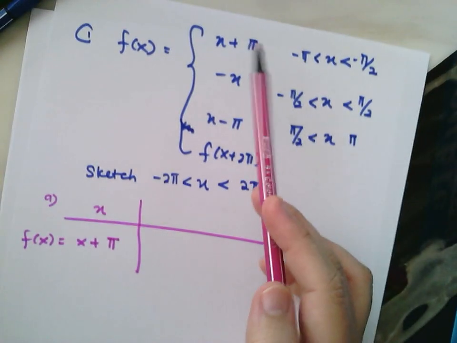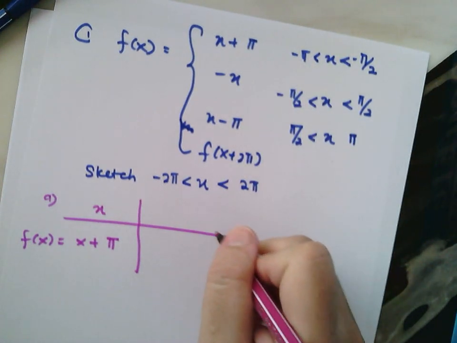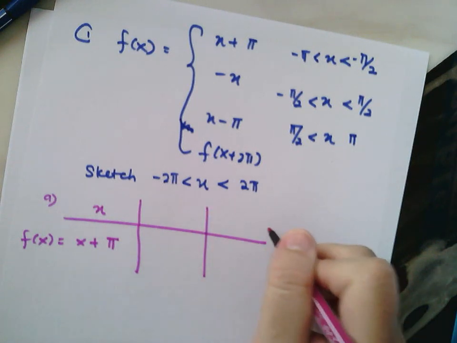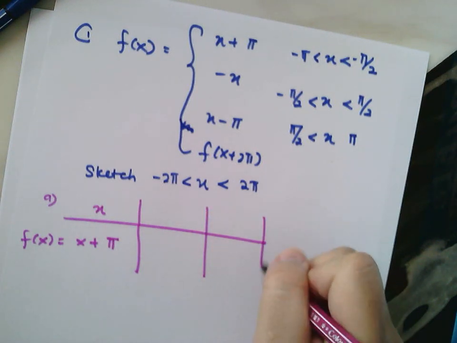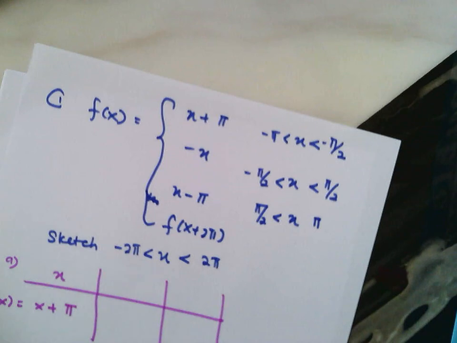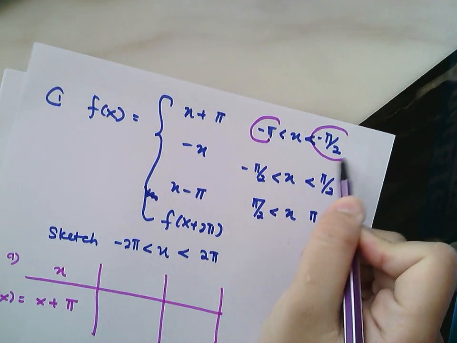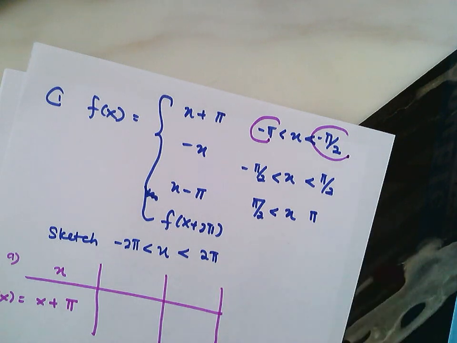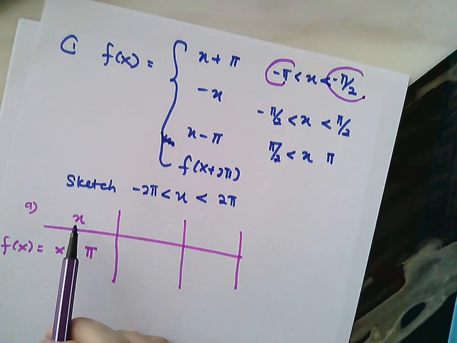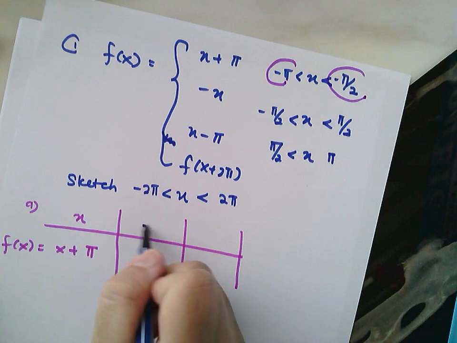For you to find the coordinates, at least you need to have 2 points. The easiest way is by using the upper limit and the lower limit of the range. The first one is by letting x equal negative pi.